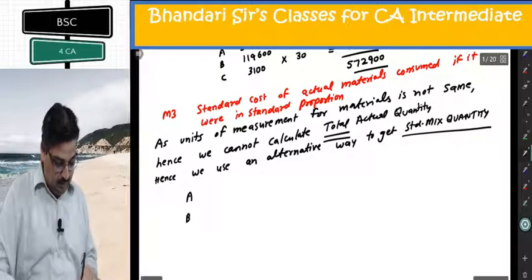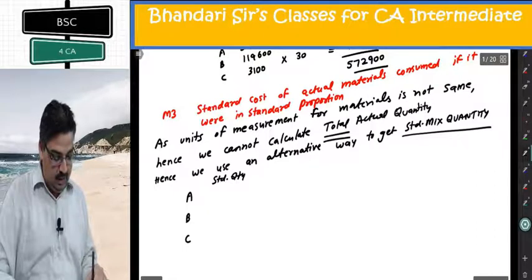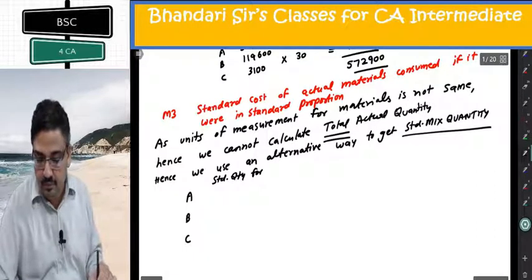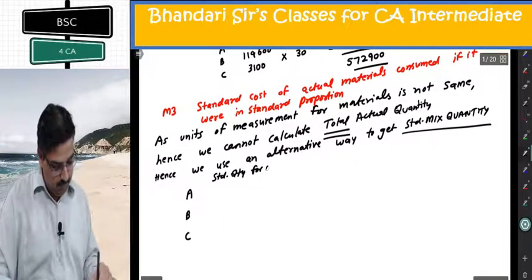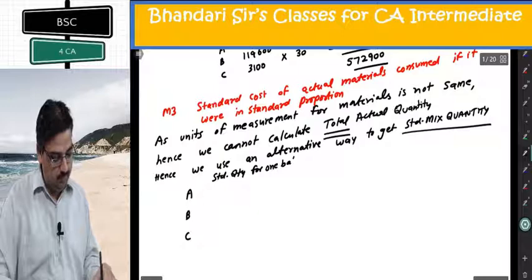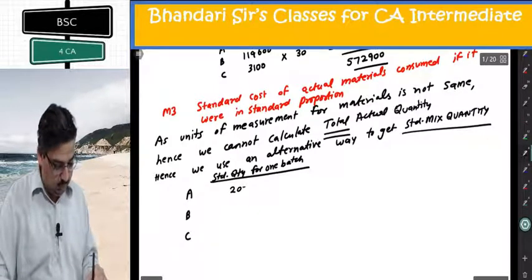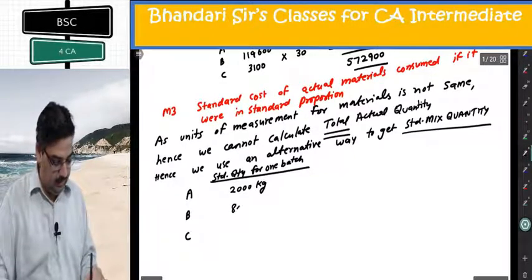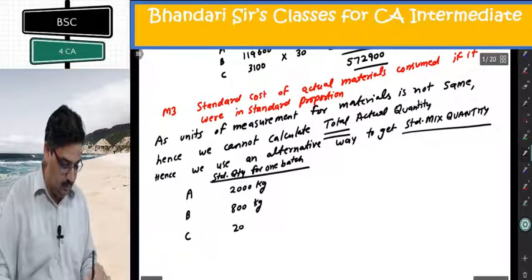A, B, C. Standard quantity for one batch: 2000 kg, 800 kg and 20 gallons.